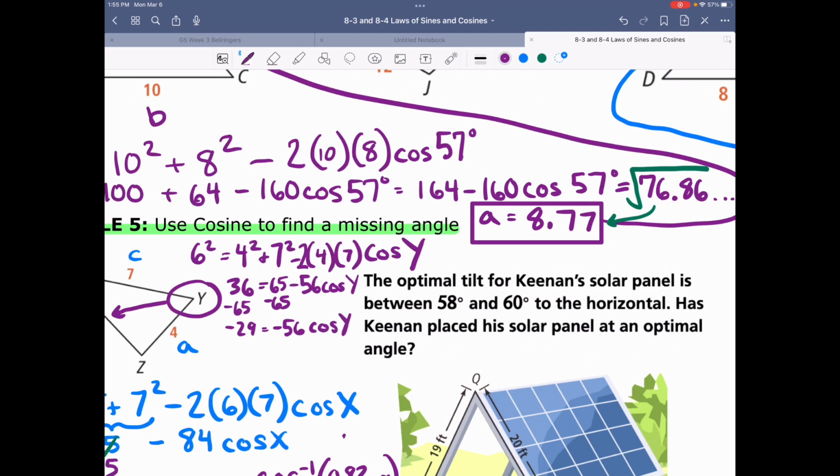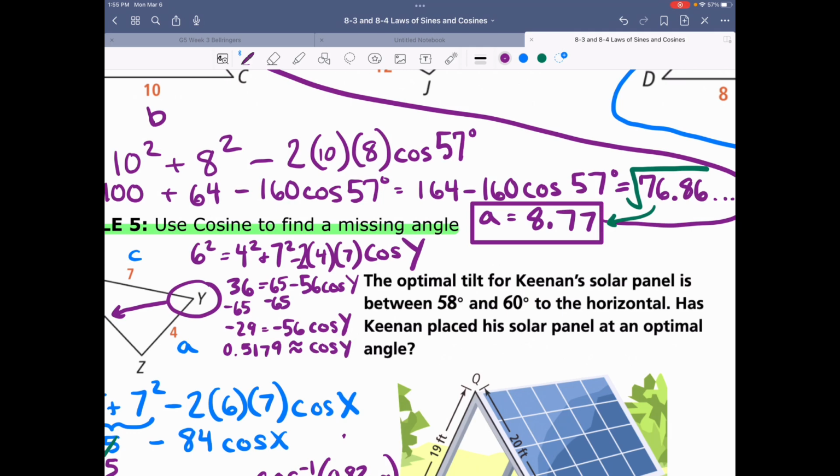I'm not going to show this step just because I'm running out of space, but I'm going to do negative 29 divided by negative 56. And that gives me 0.517. It goes on and on. Approximately is equal to cosine of y.